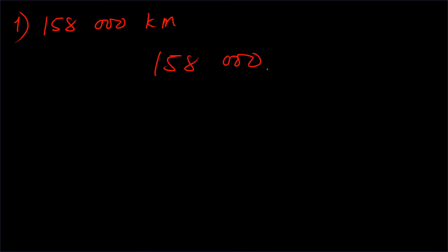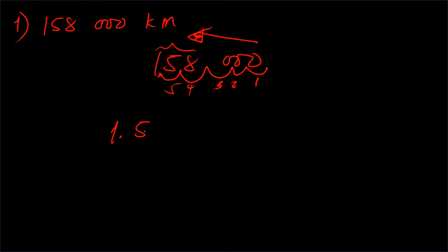So, galing dito, magbibilang ka hanggang sa ma-reach mo yung point na may matitira ka na lang na isang significant digit. 1, 2, 3, 4, and 5. So, we moved it 5 times to the left. Yan lang yung isusulat mo, 1.58 times 10 raised to 5. And don't forget to include also the units.